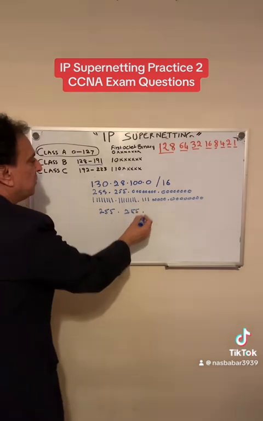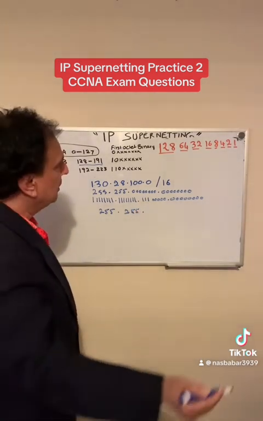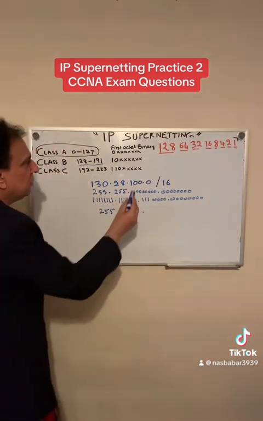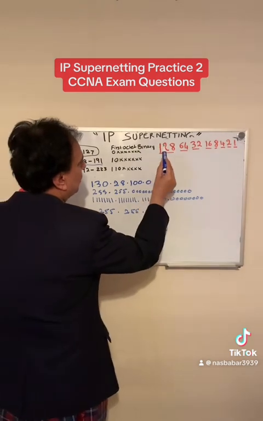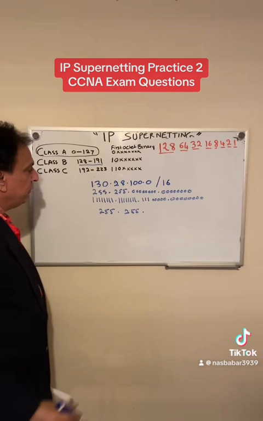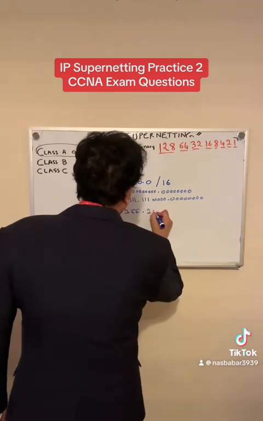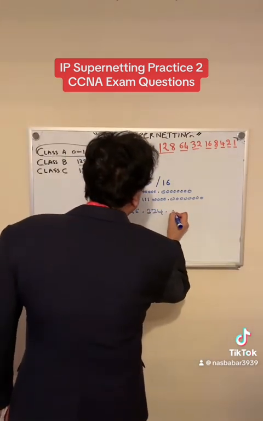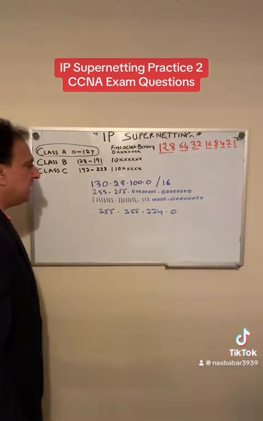And what's going to be the third octet? 3 bits are on. Remember my cheat sheet. 3 bits are on: 128 plus 64 plus 32. It's 224. So 224.0 right off the bat.